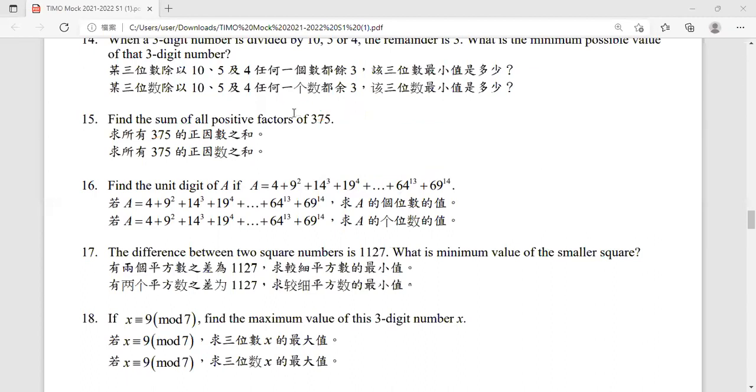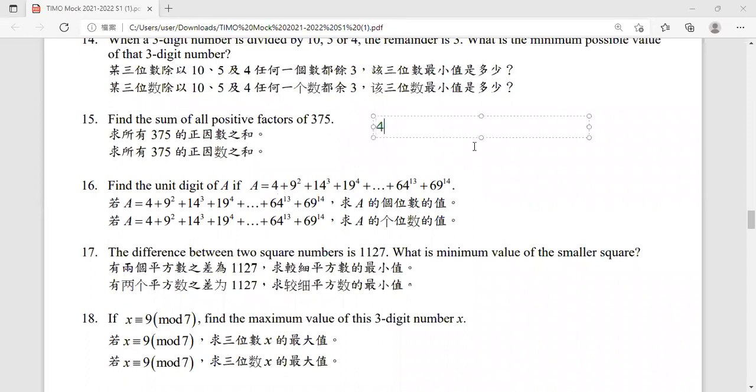Next one. 16. Very simple. I think this question is a little bit trick but not tricky. Now let's see.